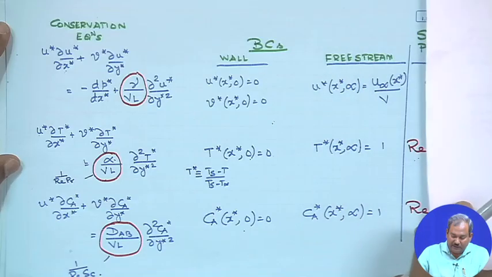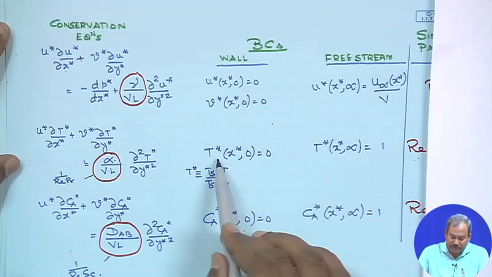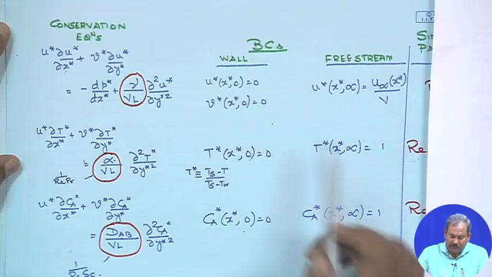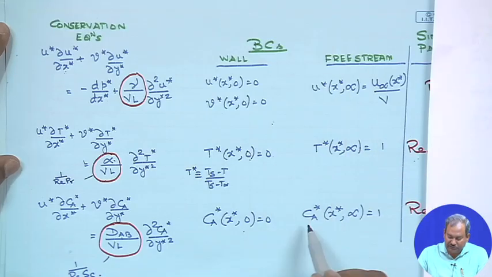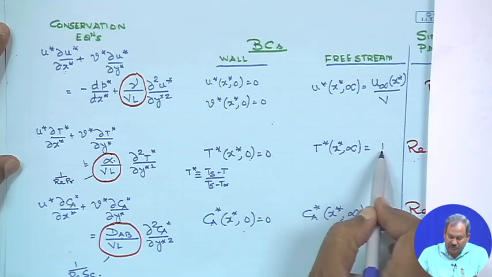Now, let us look at what happens to the boundary conditions. U star is 0, T star is 0, C star is 0. So, at the wall the three boundary conditions are identical. At the free stream, C star is equal to 1, T star is equal to 1.